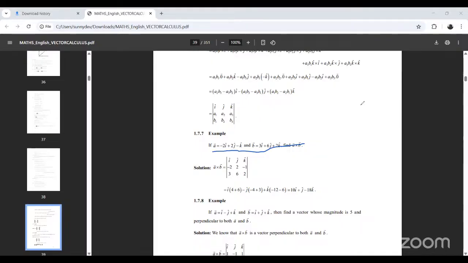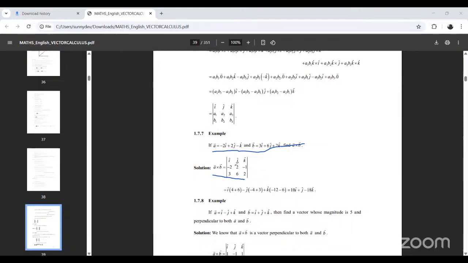Just one thing. So this is A and B. So how we can find the A cross B?